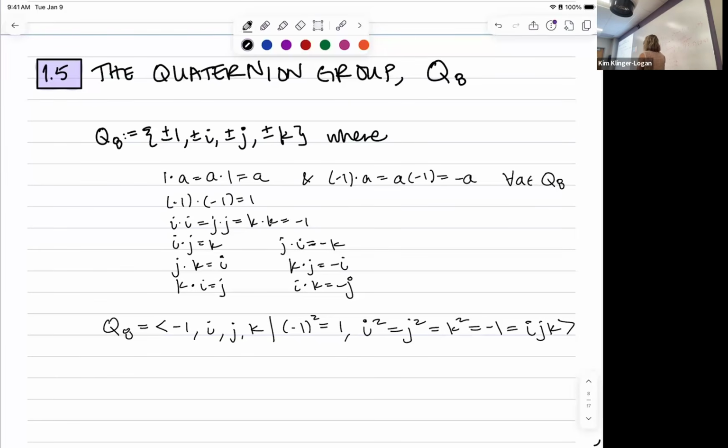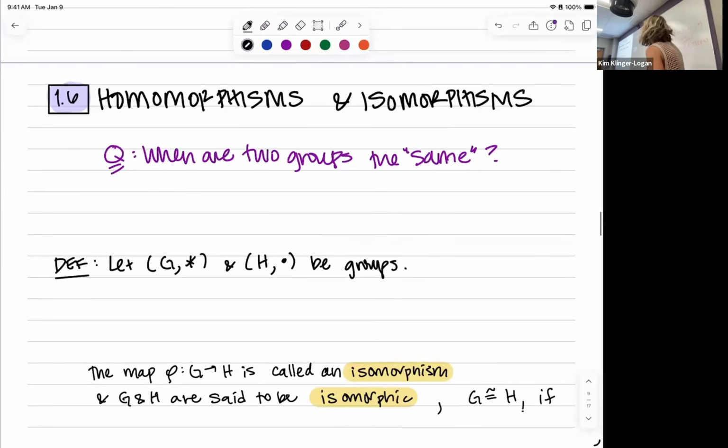And one natural question that comes up once we have a bunch of different examples is, when are these examples actually really the same thing? When are two groups actually giving me the same structure, but maybe with a different notation? That's the first question we want to address in this next section, which I won't have time to go through fully today, but we'll introduce. We want to ask ourselves, when are two groups the same?